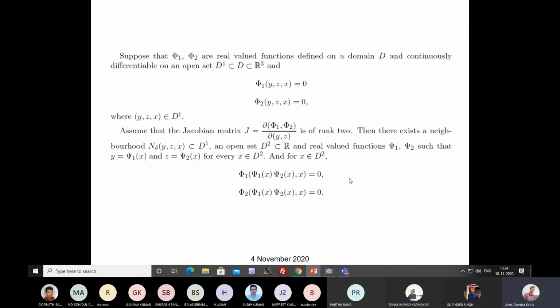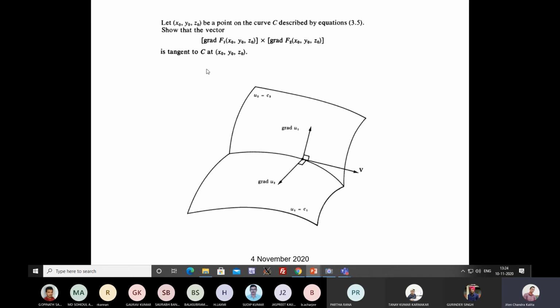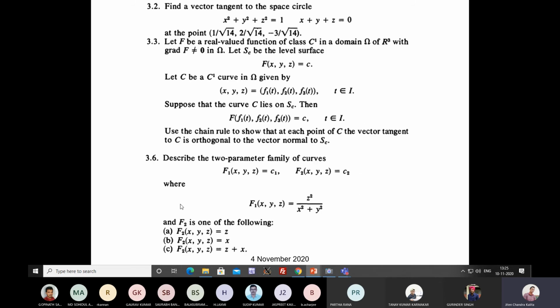So this is what I have done for the tangent vector to this curve at this point. Here you see the demo. I had taken f1 equal to c1 and f2 equal to c2, and accordingly I adjusted the gradients. Then I told you to do this exercise 3.6.